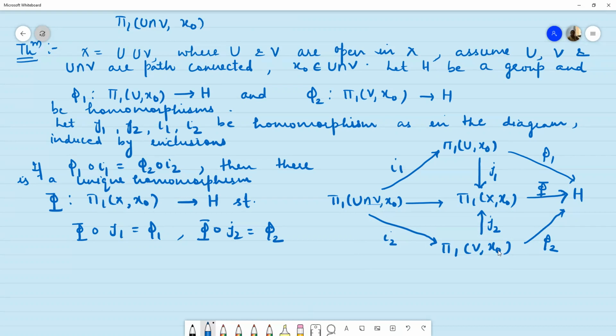Means phi1 circle I1 and phi2 circle I2 are the same. Then this induces a homomorphism of pi1 X x naught to H.